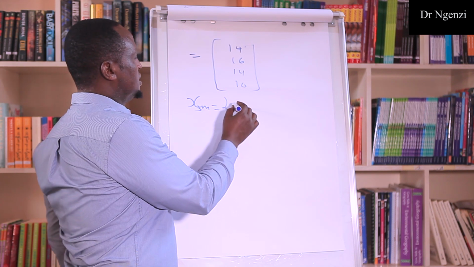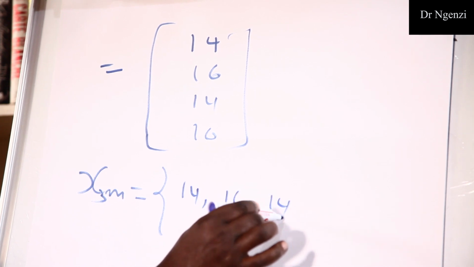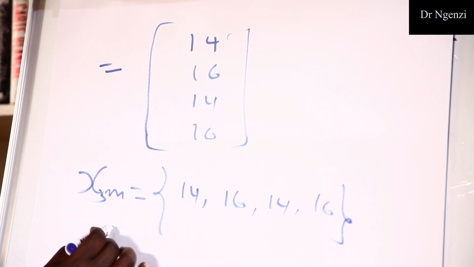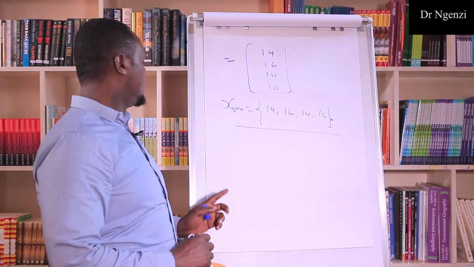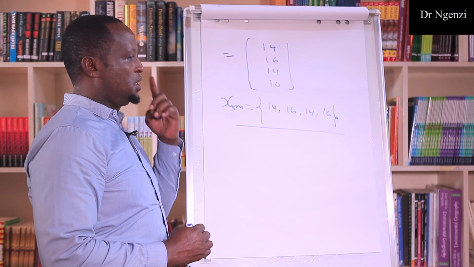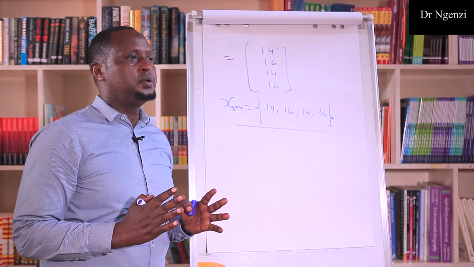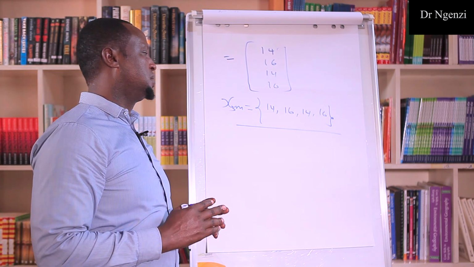Now we can get 14, 16, 14, and then 16. So this is the general answer that we have obtained for x3 of m. Of course, this is what we have obtained using the matrix format, but also we have seen how we can use the graphical method using the folded sequence.